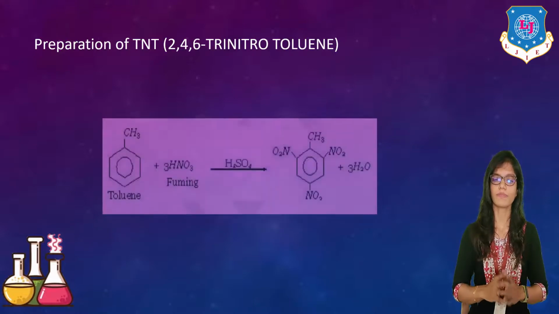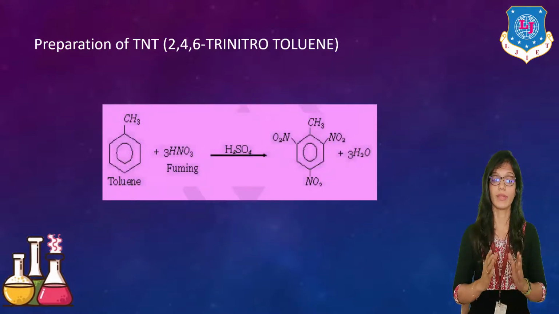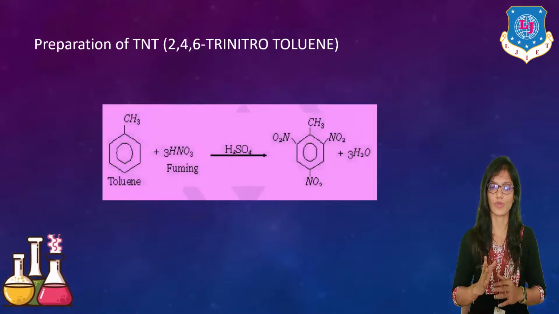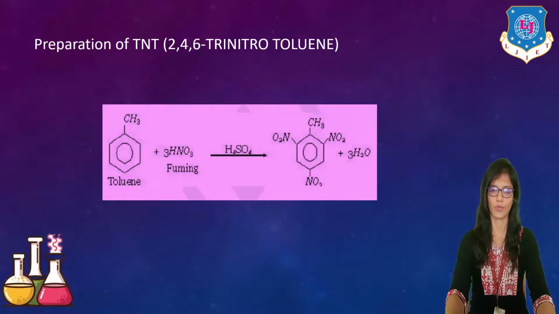Generally toluene will react with fuming, highly concentrated HNO3. Three parts of HNO3 are taken along with toluene in the presence of concentrated H2SO4. It will give rise to 2,4,6-trinitrotoluene plus 3 parts of H2O removed.